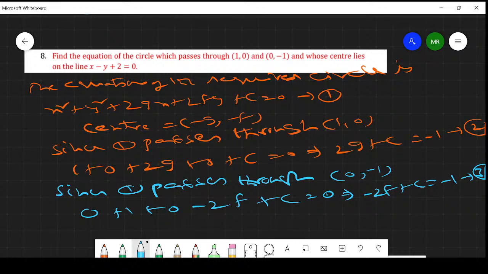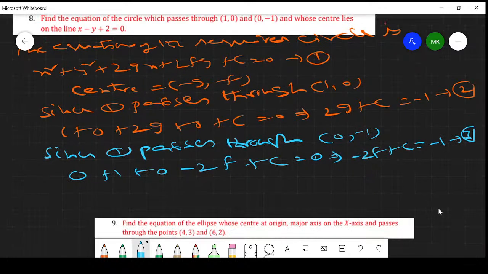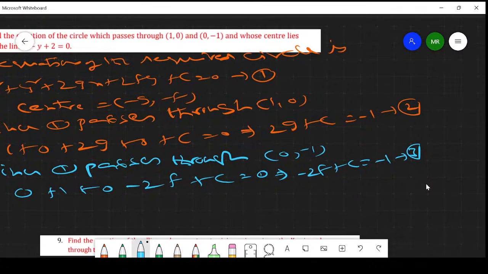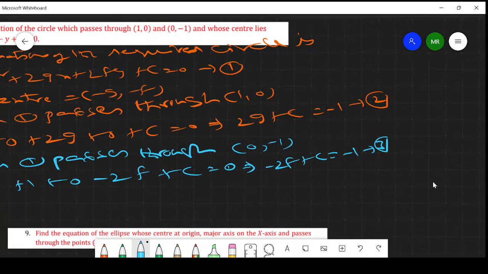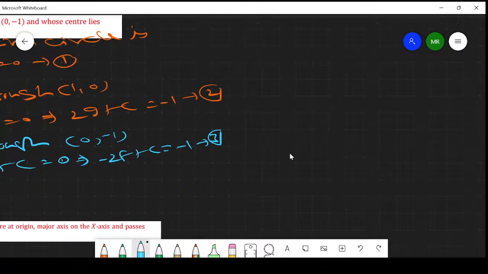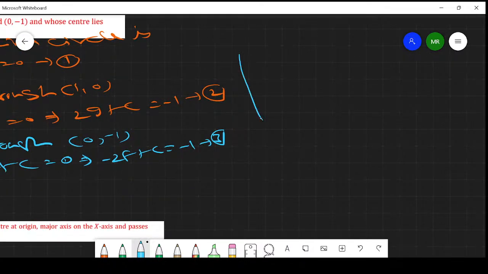Solving 2 and 3, I can eliminate c. Equation 2 is 2g plus c equal to minus 1, and equation 3 is minus 2f plus c equal to minus 1.